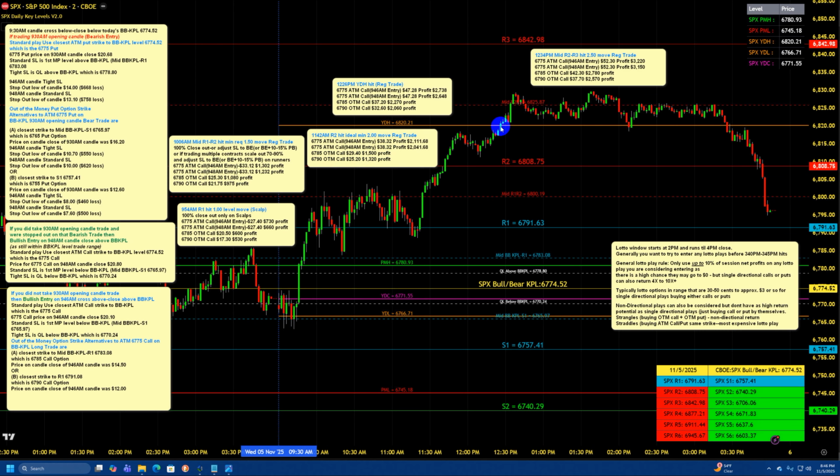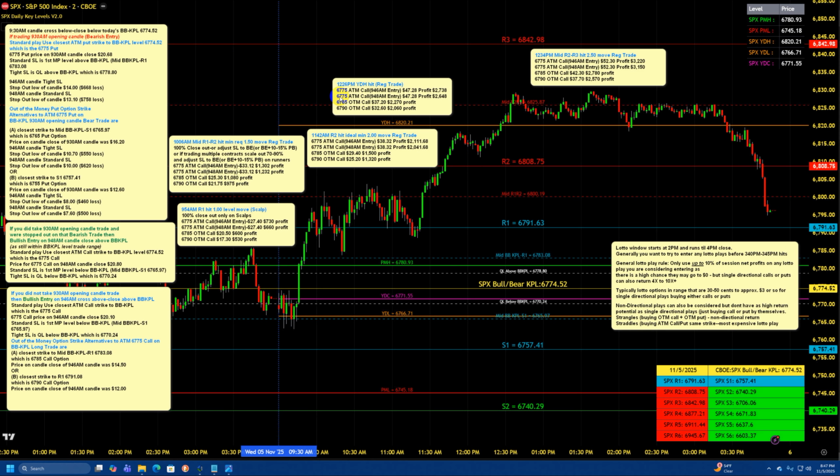At 12:26, the YDH level is hit. So as I talked about earlier, when these other levels happen to be in the pathway of your trade, once it exceeds the level on a regular trade of the 1.5 minimum required move, if any of these levels happen to be in the direction, so if we were talking about a bearish trade, then it could have been one of these other levels, but in this case YDH is in the pathway, and so this is another decision point.